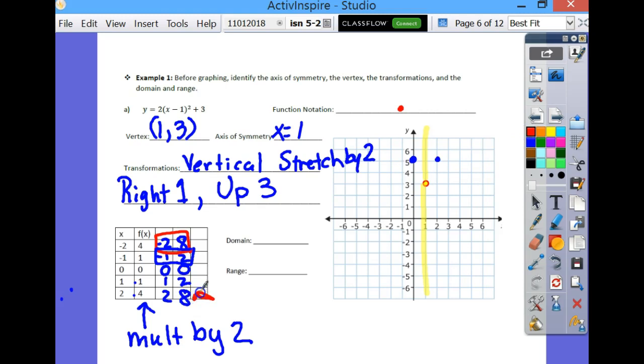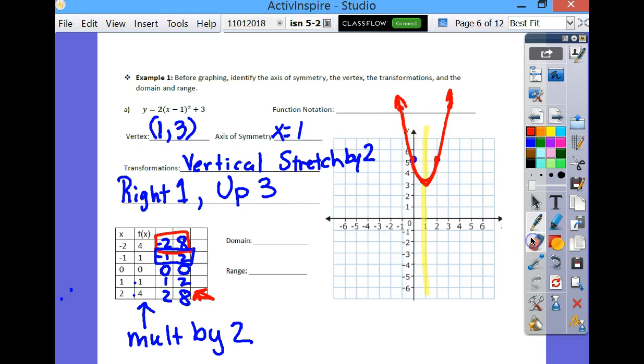I'm going to count these points from my new vertex point. I'm going to go over 2 and up 8, and that would go off the top of my graph paper. And so then I'm going to connect it, making a curve on the bottom.